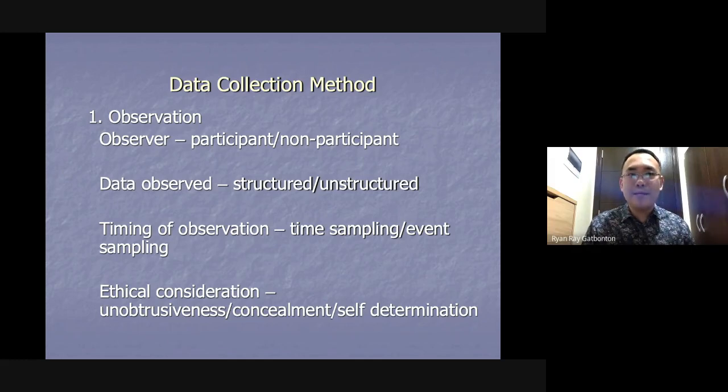So to properly resolve this dilemma, if we want to do an observation, we may observe in a concealed manner, but when we are done with our observation, we have to ask the permission of the person who we observed. And if the person consented, we can include that data in our data set. However, if that person did not consent, we cannot include that into our data set.